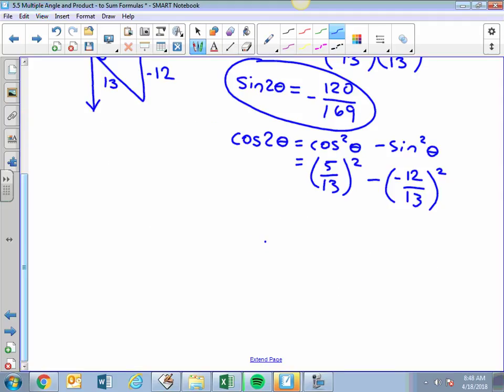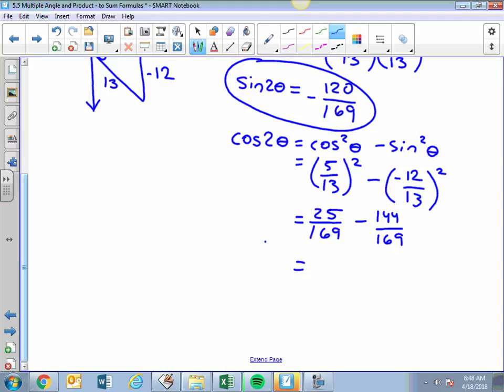So we have 25 over 169, minus 144 over 169. Now that stays negative since the exponent comes first in the order of operations. Then it's just a matter of subtracting and simplifying if you can.